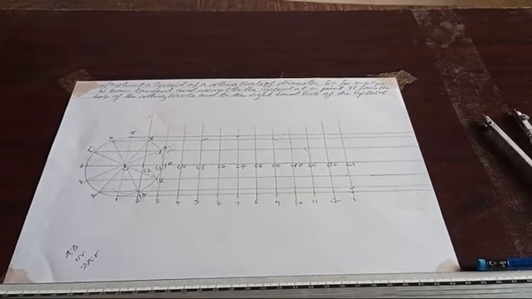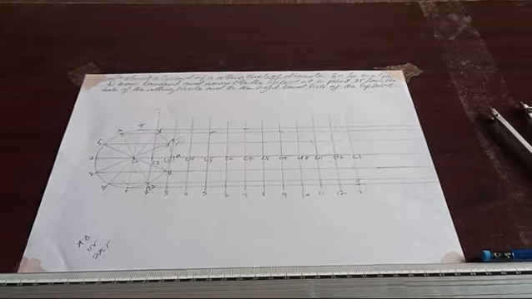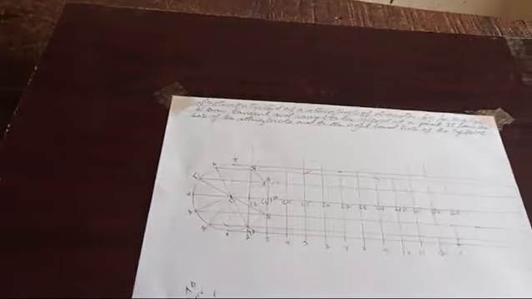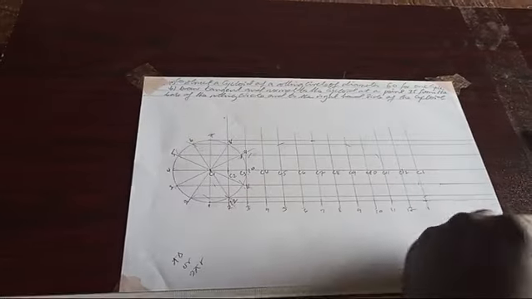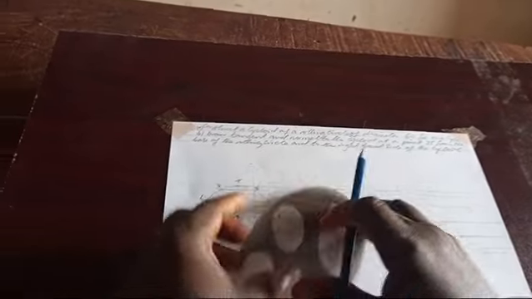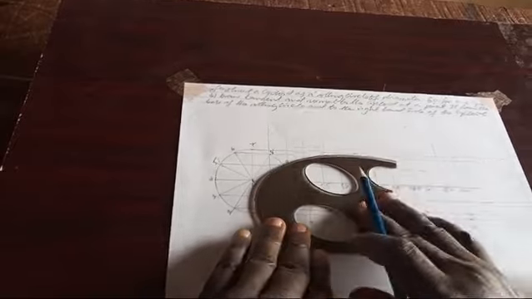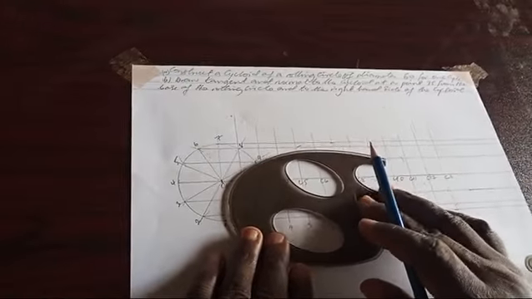So the next thing we're going to do is to join with French curve. Let me get a bigger French curve to see if I can measure it. Is this one okay? Let me see it. I have this point. I have this one.